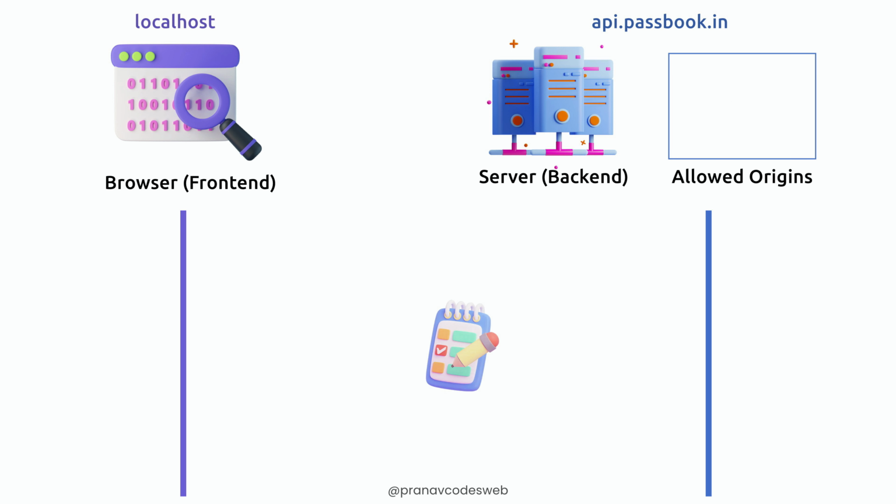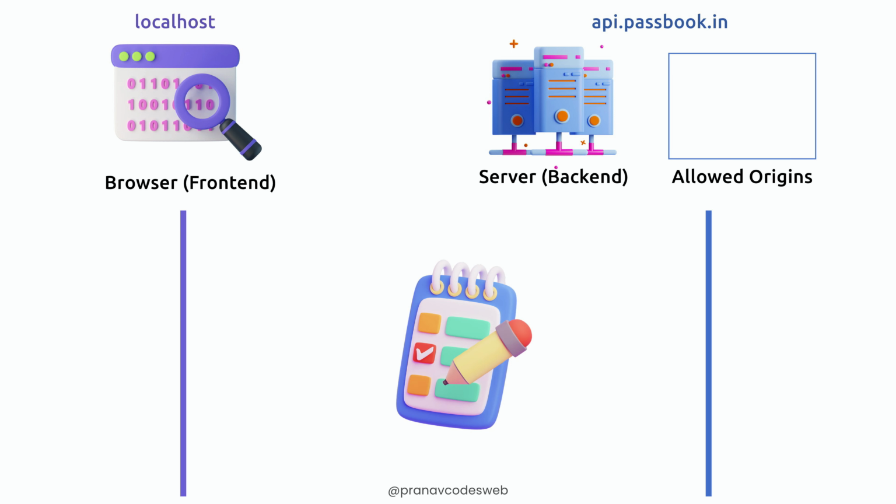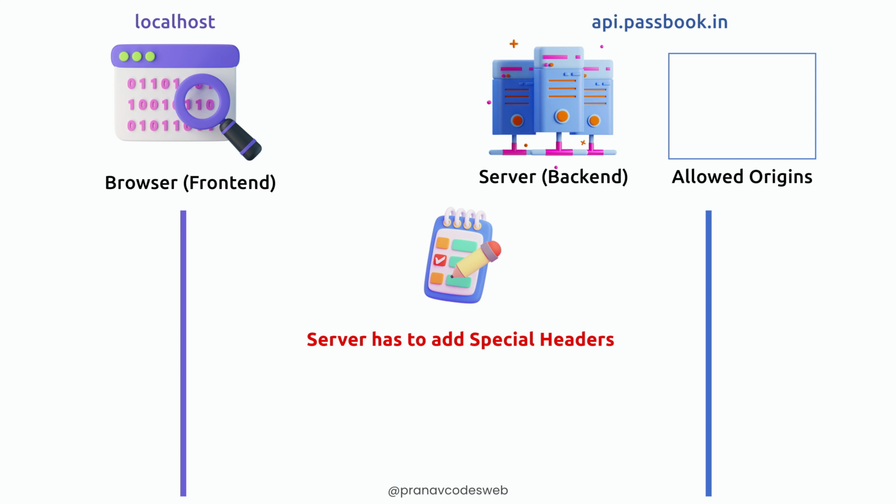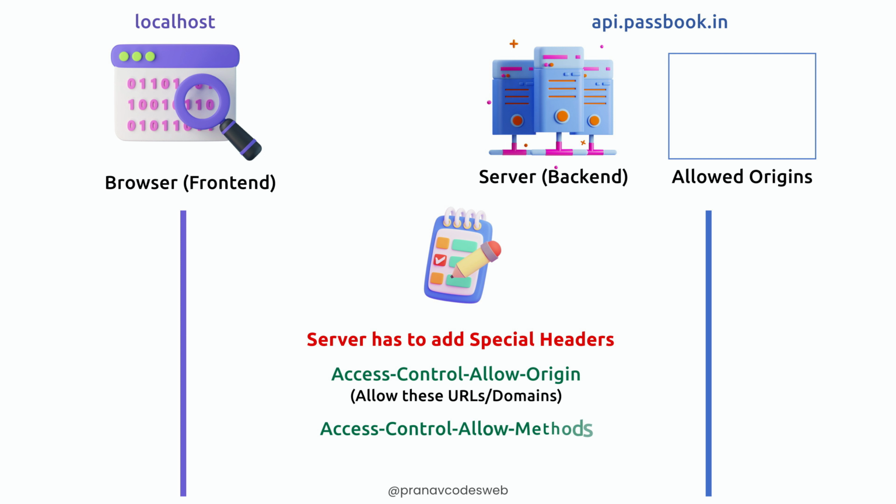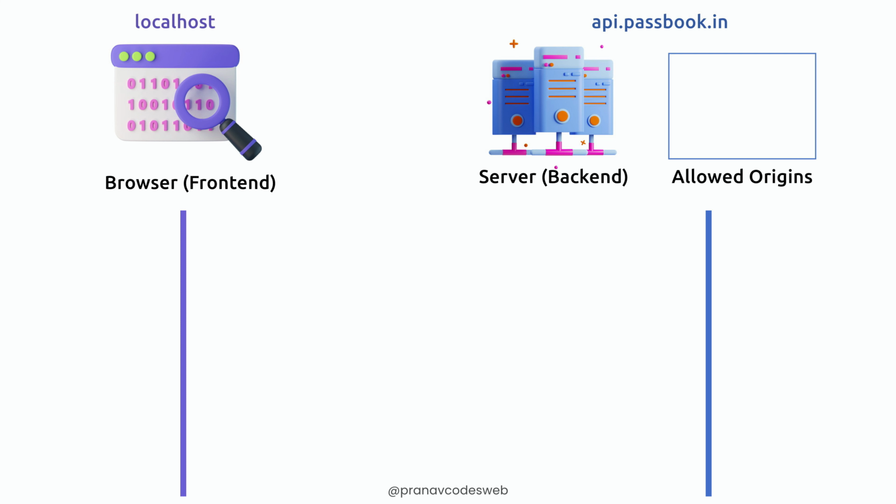So for this, if the server decides to implement CORS, then in the response, the server also needs to add some special headers like access control allow origin, access control allow methods, and a couple more to put on the CORS restriction. So anything apart from the listed websites or domains cannot really access these APIs.